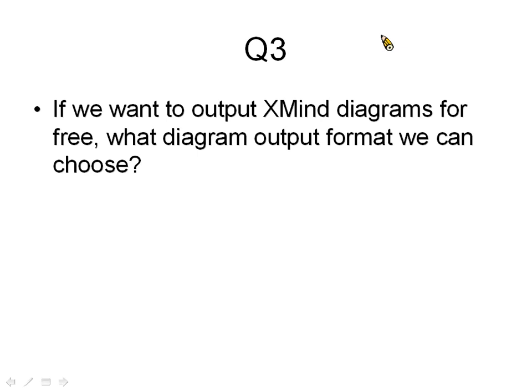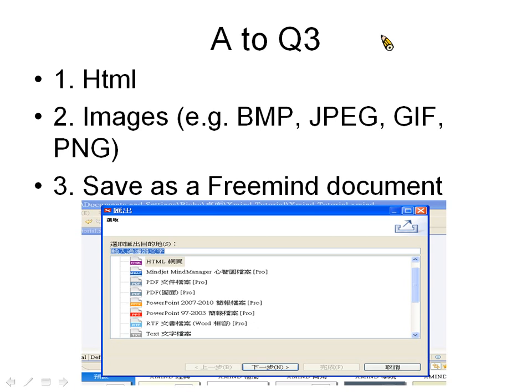Question number 3. If you want to output XMind diagrams for free, what diagram output format can we choose? The answer to question 3 is we can choose HTML file, or we can choose image format, or we can save our diagram as an XMind document.